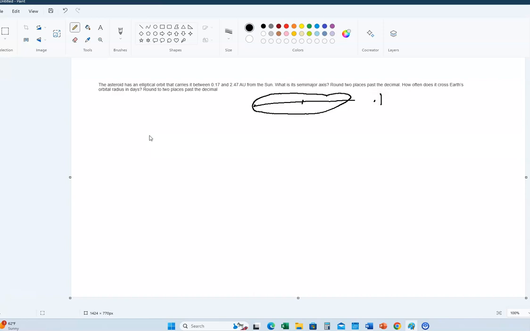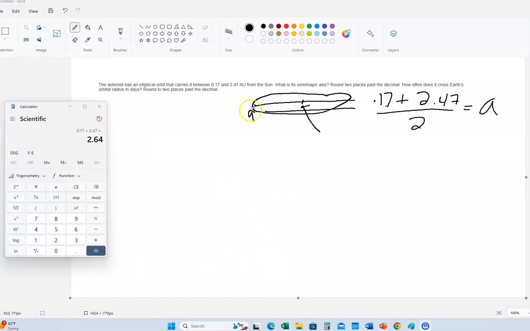Because on this side of the sun, it's 0.17 astronomical units plus on this side of the sun it's 2.47, and then to get what this point is right here, you divide that by 2, and that's what we called A, the semi-major axis. All right, so let's figure out what that is. So I've added these two numbers together, and then simply divide by 2. So that's the semi-major axis.